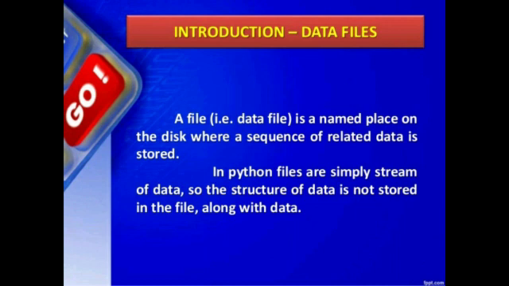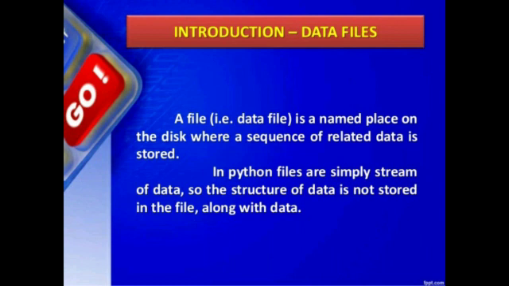A file is a named place on the disk where a sequence of related data is stored. All files are assigned a name that is used for identification purposes by the operating system and the user. All the files should have a name.